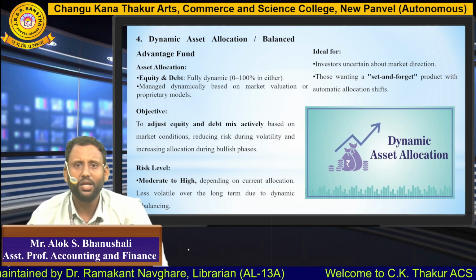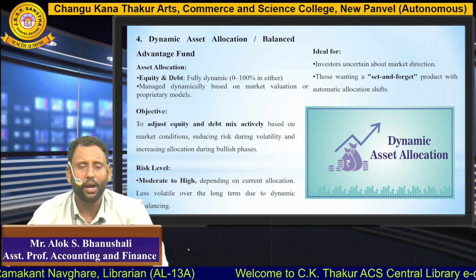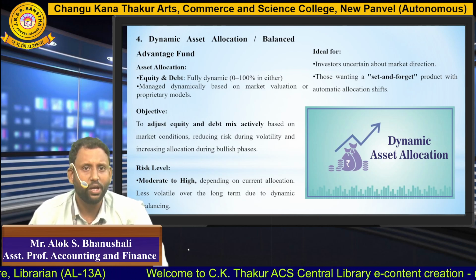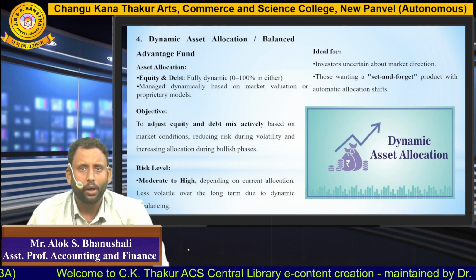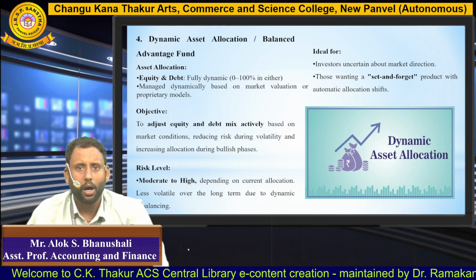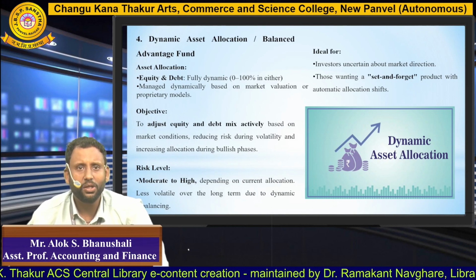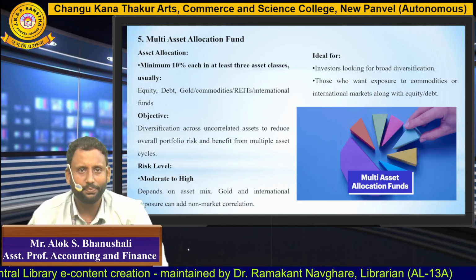The fund manager will automatically allocate the fund depending upon the market condition. So dynamic asset allocation is best for the investors who can grab the opportunities of the market.